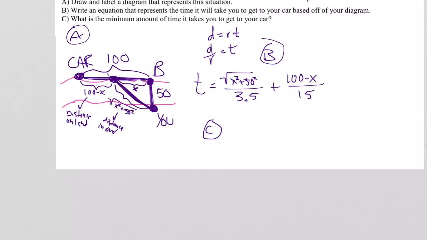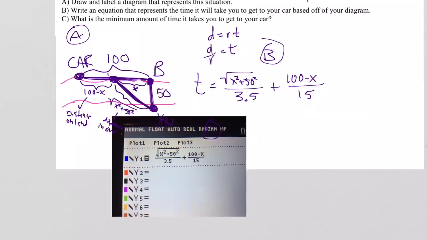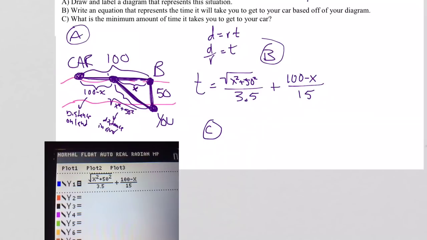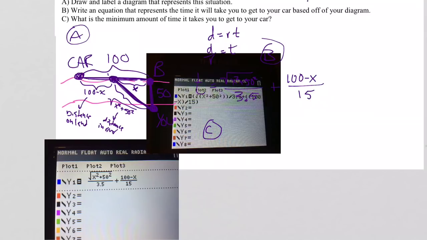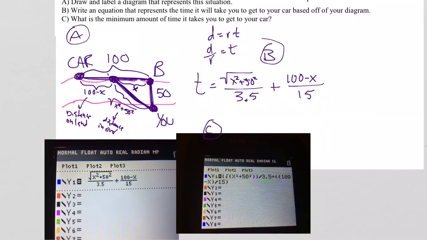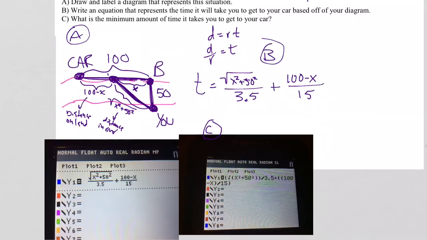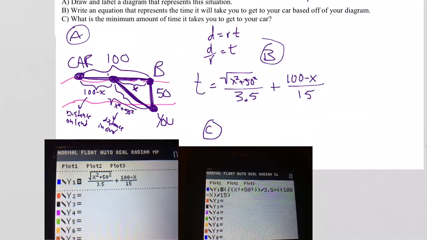Alright, so again, if you have a new calculator, you're lucky, and you can type it in a way that makes sense, and it looks like it should. If you have an old calculator, then you're not quite as lucky, and you have to type it in a really gross way that looks like that. But hopefully you're used to whatever calculator you have, and you use parentheses if you have an old calculator. So there's that, and we said window.